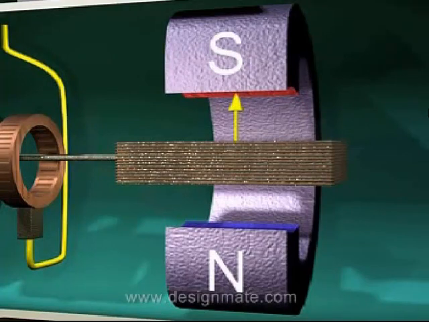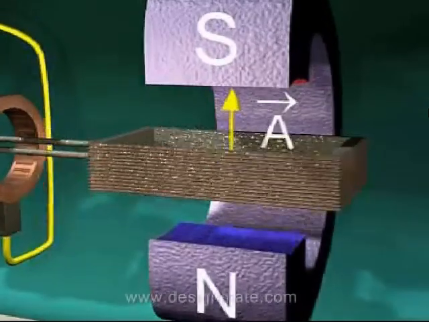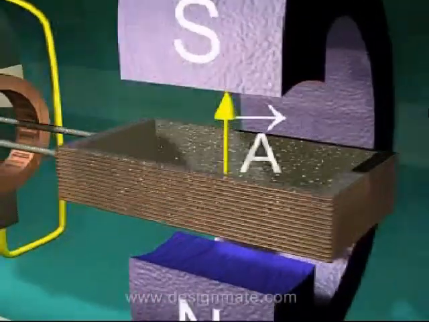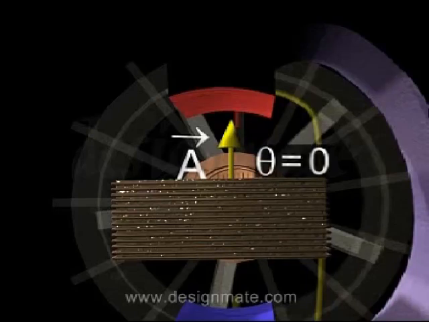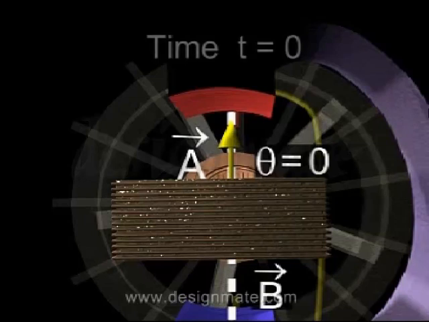Let the direction of area vector A of the coil, perpendicular to the plane of the coil, make an angle theta equal to 0 with the direction of vector B at time t equal to 0.